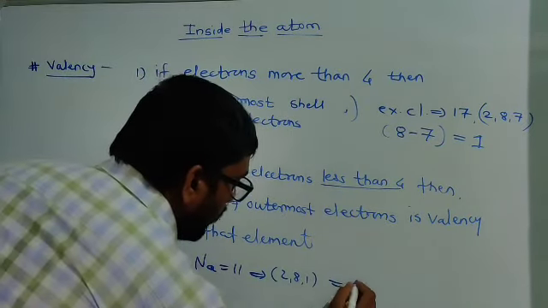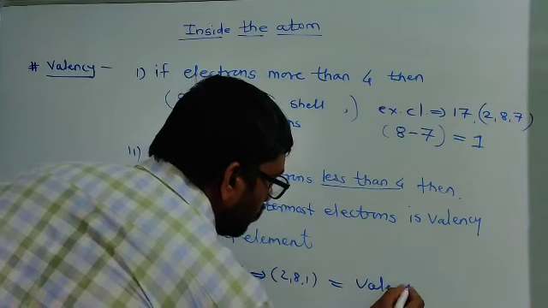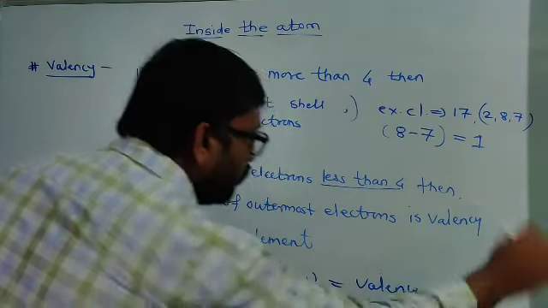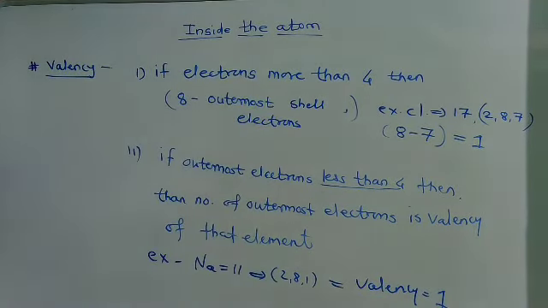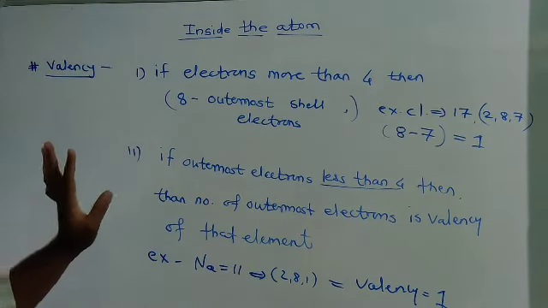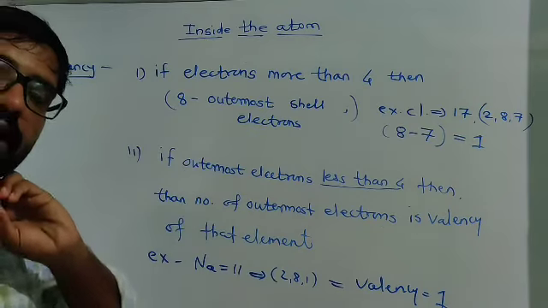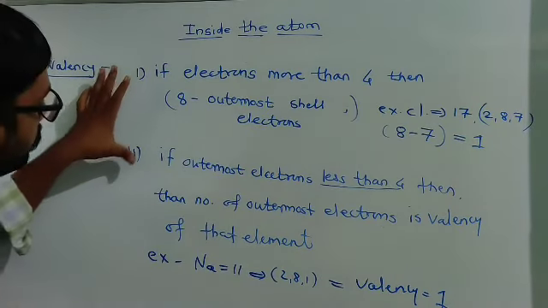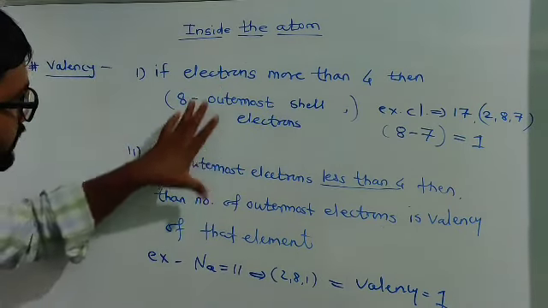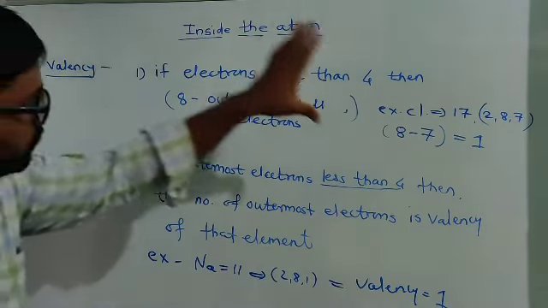That is why the valency is how much? 1. So you have to remember just these 2 rules to find out the valency of any element. We can easily find valency by using these 2 rules.